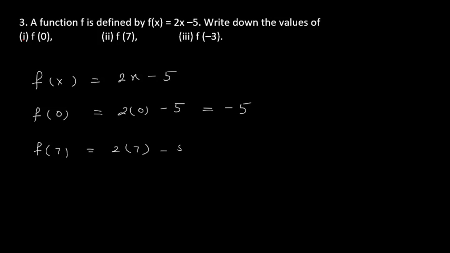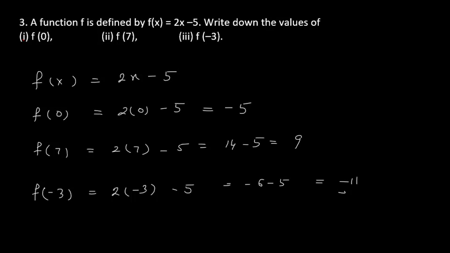So this will become 2 sevens are 14 minus 5. So 14 minus 5 is 9. And then I will take f(minus 3). So f(minus 3) is 2 into minus 3 minus 5, which is minus 6 minus 5, equal to minus 11. So f(0) is minus 5, f(7) is 9 and f(minus 3) is minus 11.